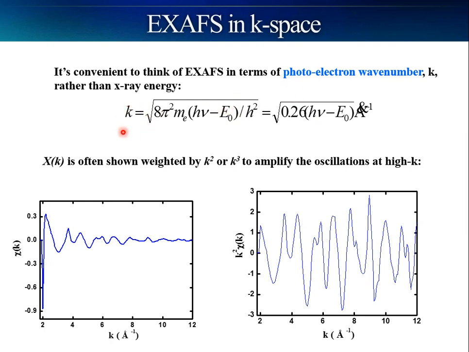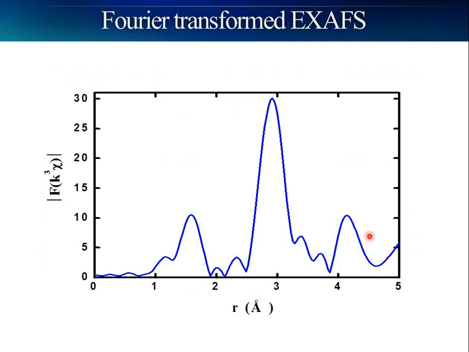Okay, k, like that. To amplify the oscillation at high energy, we usually use the weight k. After Fourier transformation, we can get the EXAFS of R, which is understandable to us.